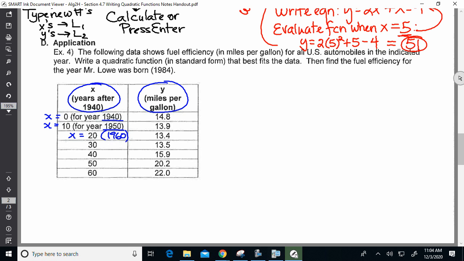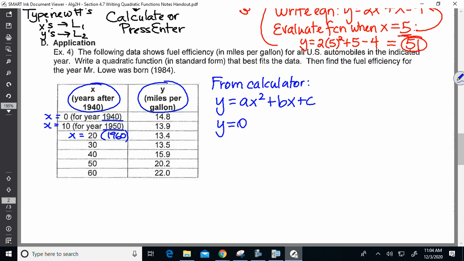Alright, so let's copy that over there. So from calculator. Now for that problem, if you don't have a calculator, good luck with that. So if you don't have a calculator, you would have to pick 3 of those as points, and then solve it using the system.